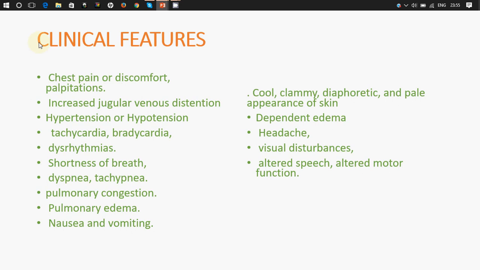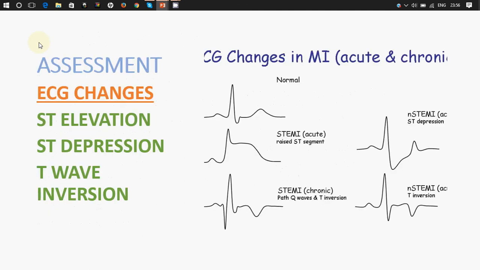Tachycardia or bradycardia, dysrhythmia, shortness of breath, dyspnea, pulmonary congestion, pulmonary edema, nausea and vomiting, then cool, clammy, diaphoretic and pale skin. This cool and clammy skin is an indication that the patient is going into cardiogenic shock. Then dependent edema, headache, visual disturbance, altered speech, altered motor function, etc.